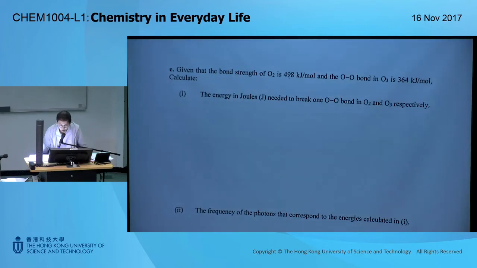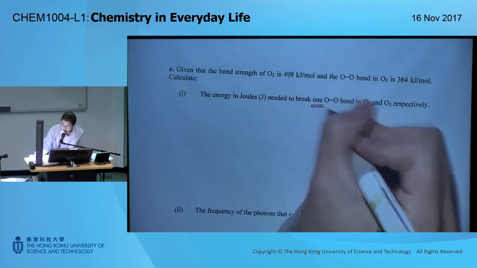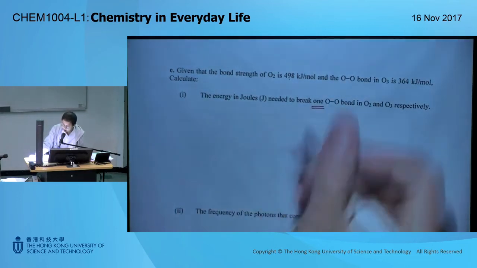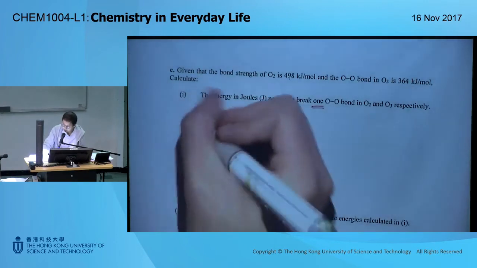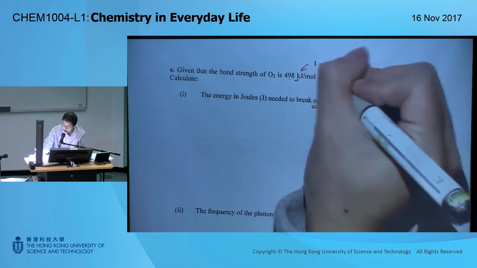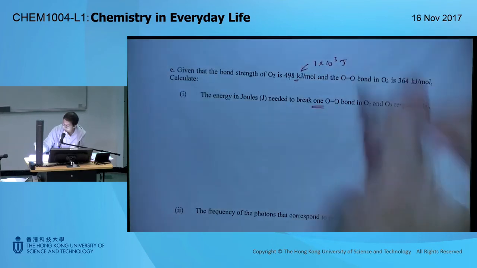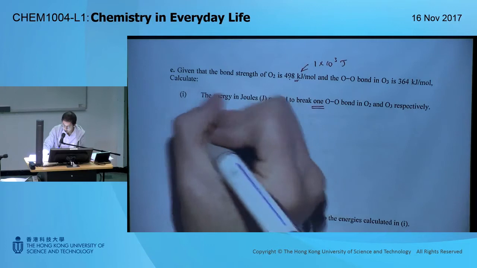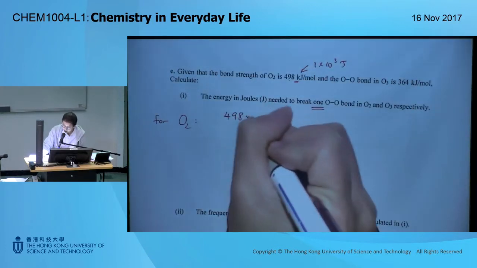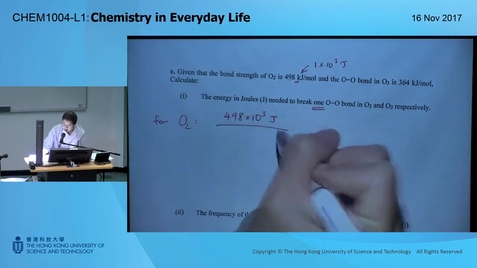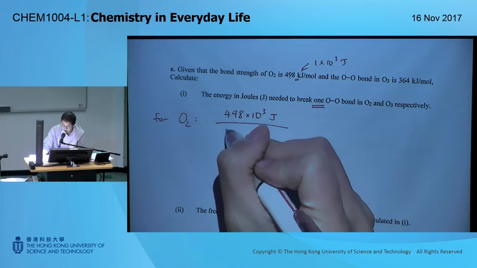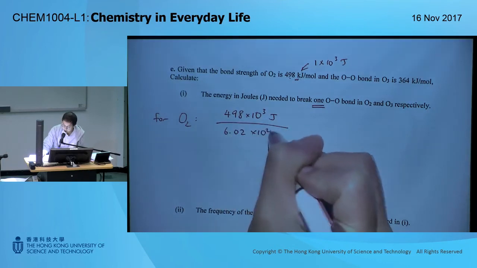So if you want to know the energy needed to break 1 single oxygen bond, how do you do it? Well, because this is per mole, first of all we have to divide it by the mole, and this is in terms of kilojoules, which is 1 times 10 to the 3 joules, so we need to convert this as well. So for O2, this is 498 times 10 to the 3 joules of energy divided by Avogadro's number, 6.02 times 10 to the 23.